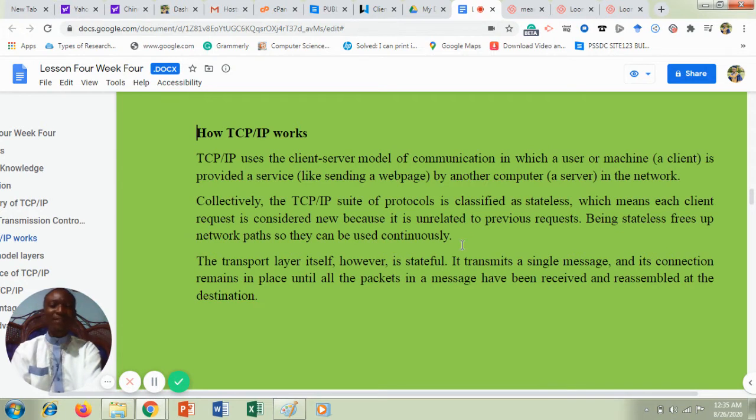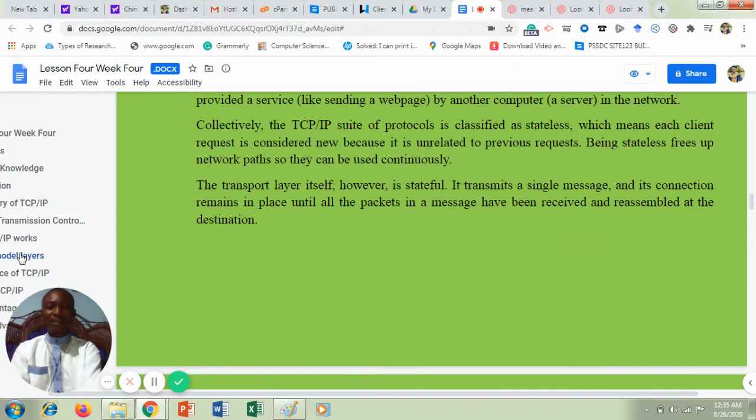It creates paths, then those paths are cleaned up to be used by another protocol. Then the transport layer itself is something we call stateful because it ensures that communication from A to B is what is received and assembled at the other destination.